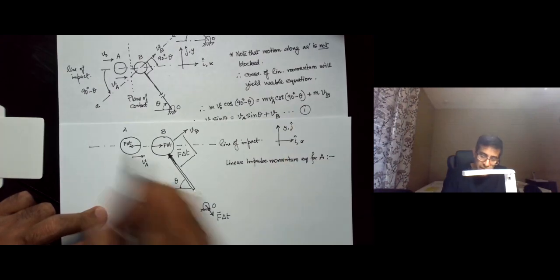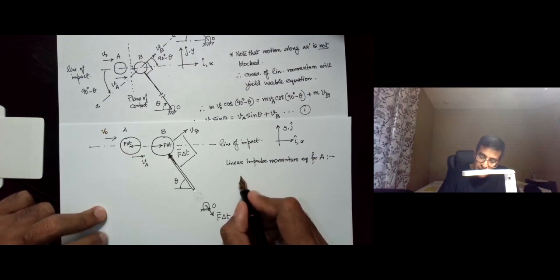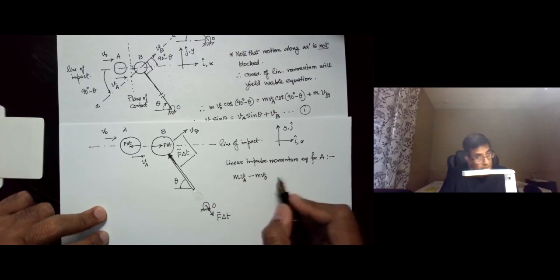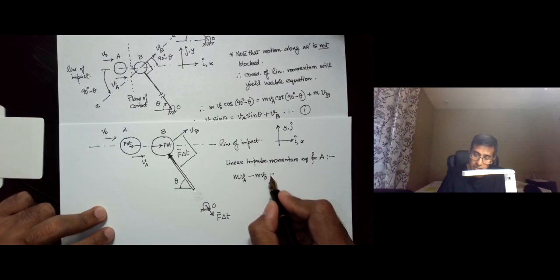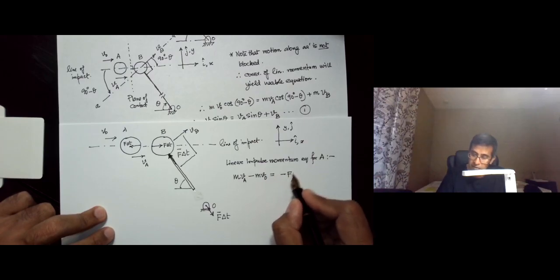A was moving with a velocity v0, so we have mva minus mv0, that change in linear momentum, is equal to the impulse, so it is negative f delta t.